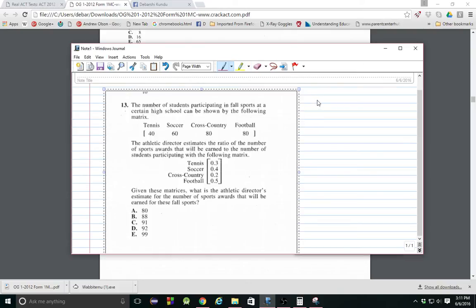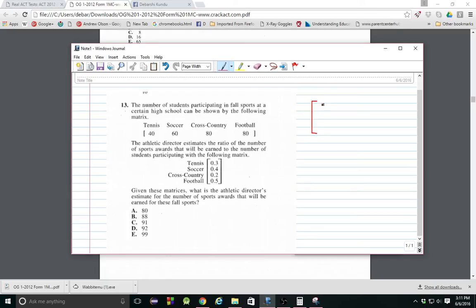So essentially what you do is 0.3, 0.4, 0.2, 0.5, and you multiply that by 40, 60, 80, 80.